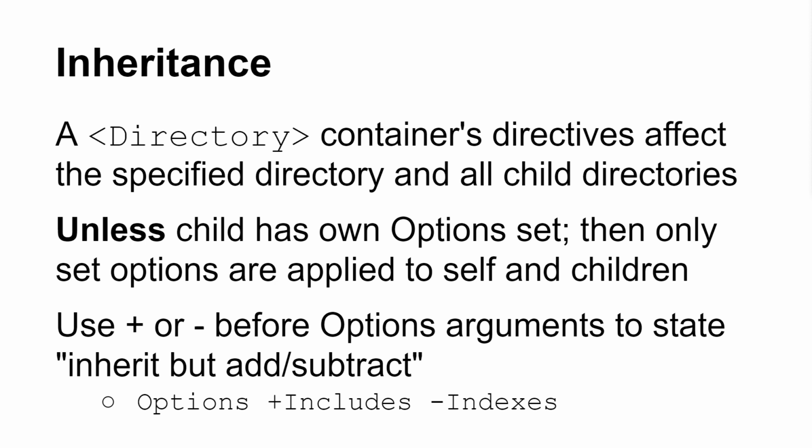So the example there is you'll include the Options directive, you'll include Includes for server side includes, but you'll also subtract Indexes, so you're not displaying a list of files in any one particular directory.